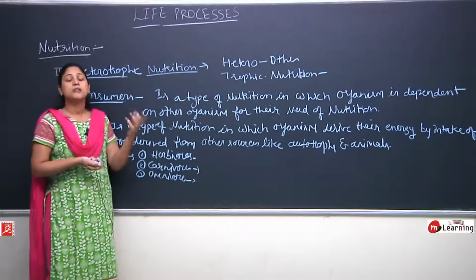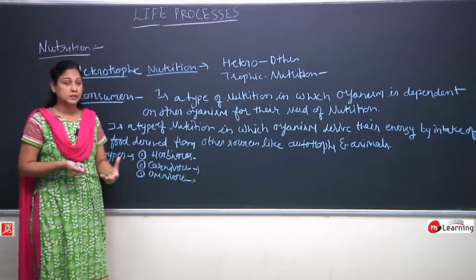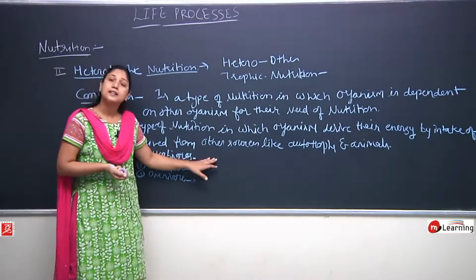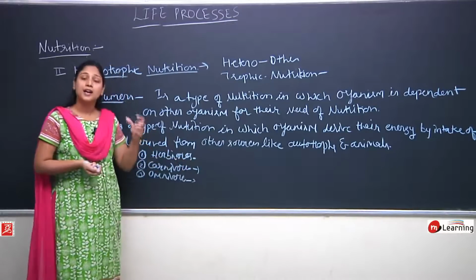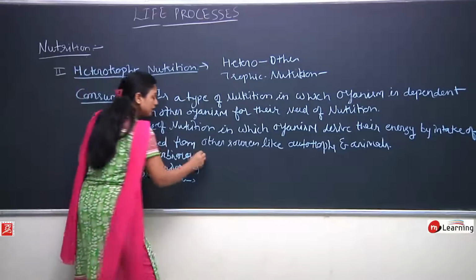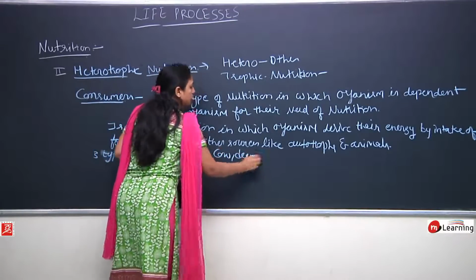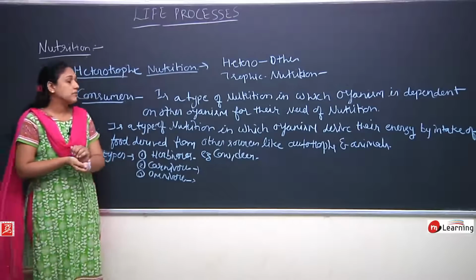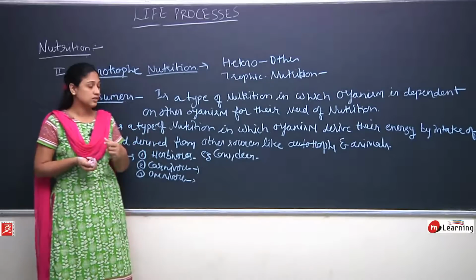Herbivores are dependent on herbs or plant sources. They only eat plant sources or autotrophs, and they are called herbivores, like cow and deer, which are animals that eat plant sources.